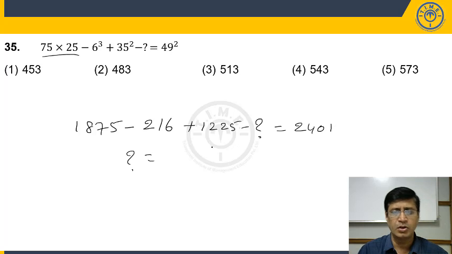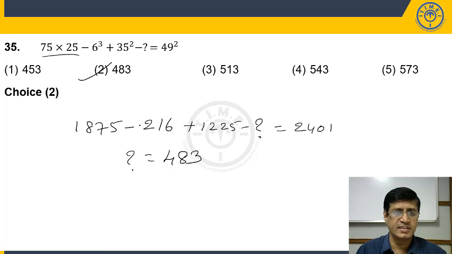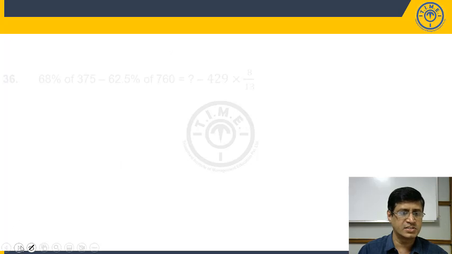Just by taking numbers on one side, subtract the sum of the numbers: 2401 minus 1225 plus 216 minus 1875. So it will give 483. Option number 2. Second choice is the right answer. Now look at the next example on your screen.